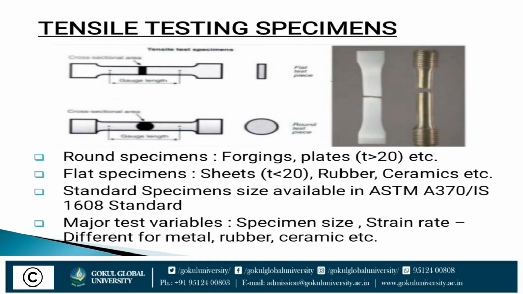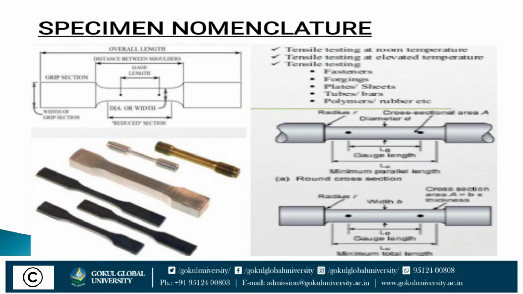Major test variables: specimen size, strain rate, different for metal, rubber, ceramic, etc. Specimen dimensions are given in this figure.